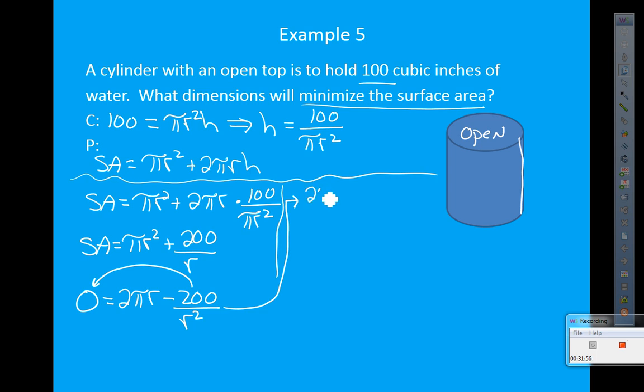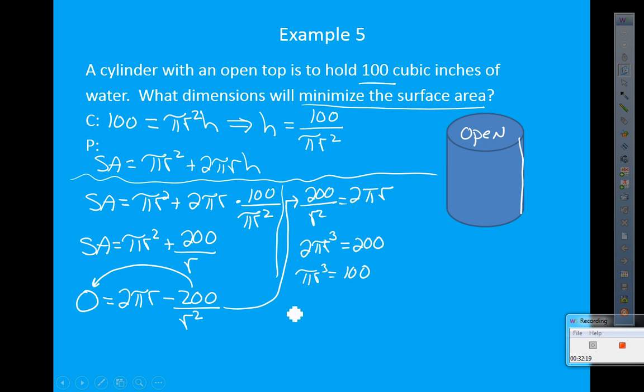So I've got 200 over r squared equal 2 pi r. When I cross multiply, I've got 2 pi r cubed equal 200. Which means I've got pi r cubed equal 100.